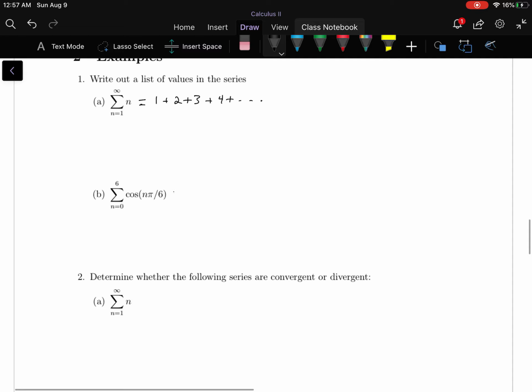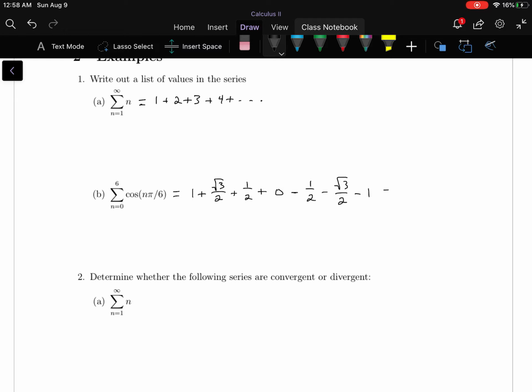In part B, you have the sequence cosine of n pi over 6, and you're doing n from 0 to 6. When it's 0, you've got 1, then plus root 3 over 2, plus 1/2, plus 0, then minus 1/2, minus root 3 over 2, minus 1, and that is when n is 0, 1, 2, 3, 4, 5, 6.